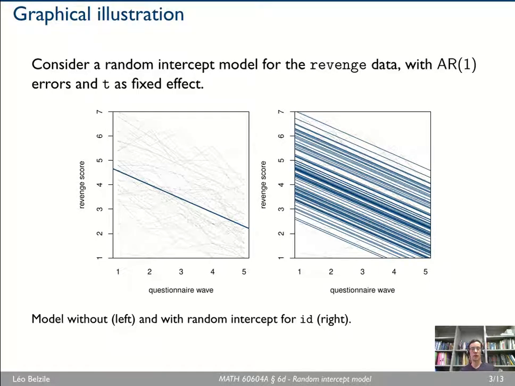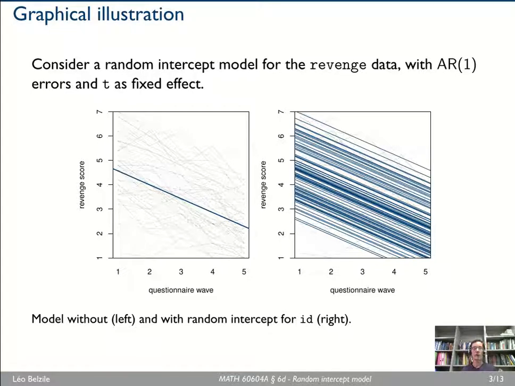So what does it look like? Well, here I fitted the model with, for simplicity, just t as a fixed effect. None of the other covariates, and I'm representing the revenge score as a function of time. The questionnaire wave goes from 1 to 5.